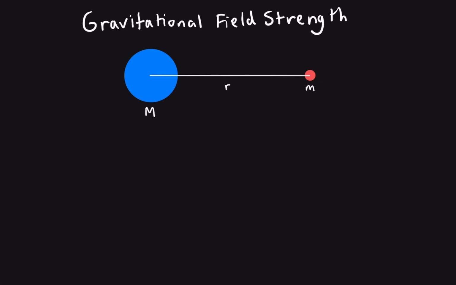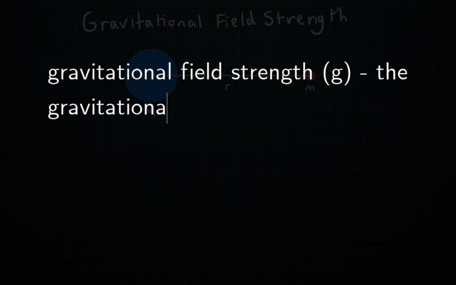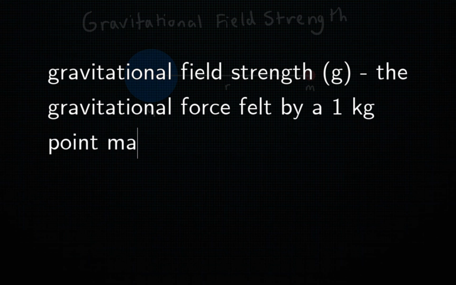Gravitational field strength is a more general way of describing a body's gravitational field, as it's irrespective of the mass of the other body, which is little m, that is attracted to the main body. So it's defined as the gravitational force felt by a 1 kilogram point mass at some point P in a body's gravitational field.